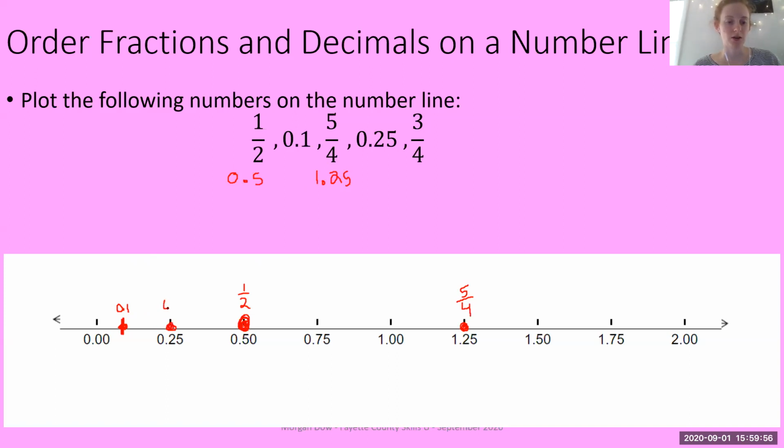And I'll label it again just so we know it's one of our numbers. That does say 0.25, even though it does not look like it. All right, and then we have 3/4. That's the same thing as 0.75. We will put that here on our number line.